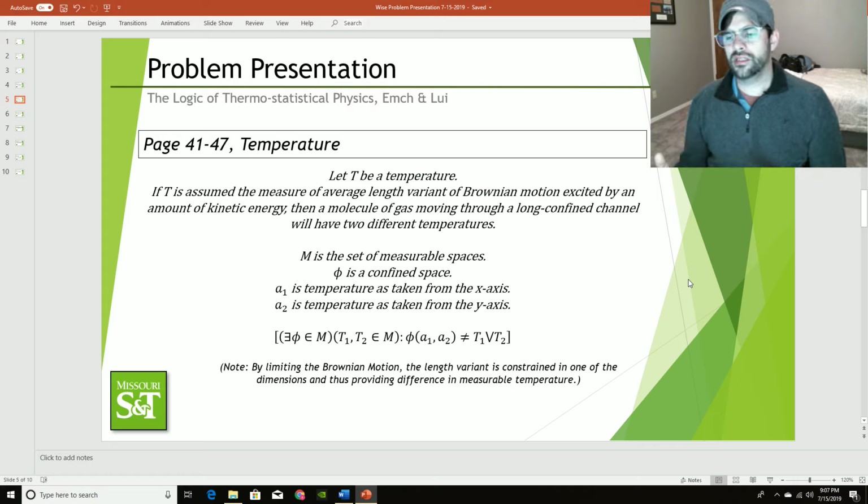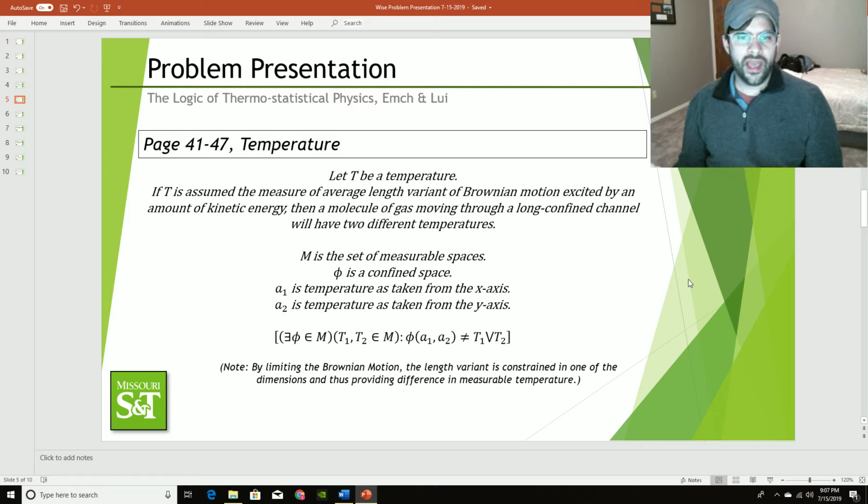Basically what that means is you have a molecule and you're measuring the temperature of that molecule, but really your temperature is an average vibration of that molecule as excited by kinetic energy, right? That's really what you're measuring on a very, very small scale.